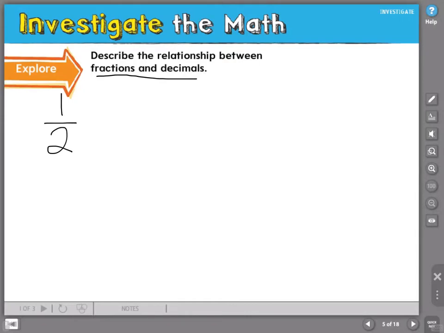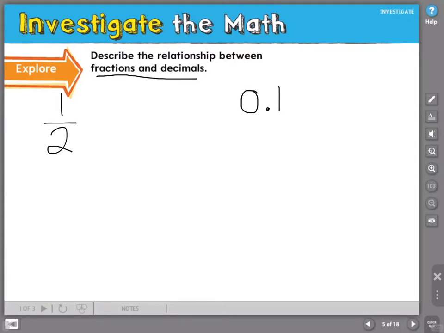I would only have part of that whole. And if I had 1/10 of something, I would not have a whole. I would only have 1/10 of that whole. So fractions and decimals are different ways to name the same amount.